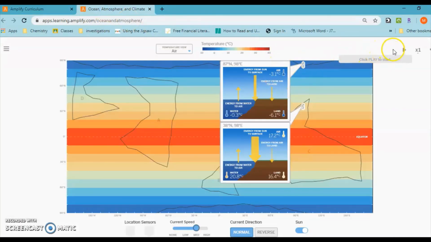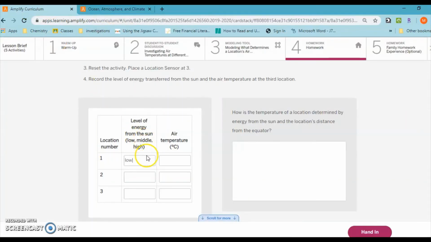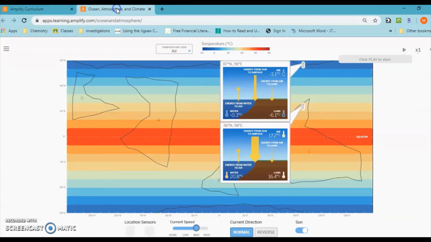And then it's much smaller here, this arrow, where it says energy from the sun to surface, much smaller here than it is at point 2. So point 2, we might say, has medium or middle. And then, can anybody guess what point 3 is? Exactly, yeah, point 3, you were probably right, high. And then you're going to get the air temperature in Celsius.